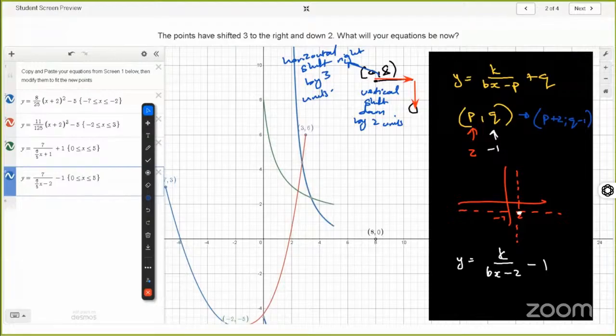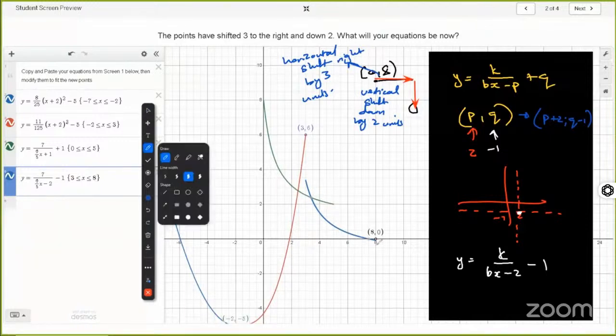So the domain should be adjusted. In this case, it should start from, even if it starts from 0, it's got to end at 8. It's actually going to be from 3 until 8. Okay, so it's definitely falling short of the mark over there. You can see that.